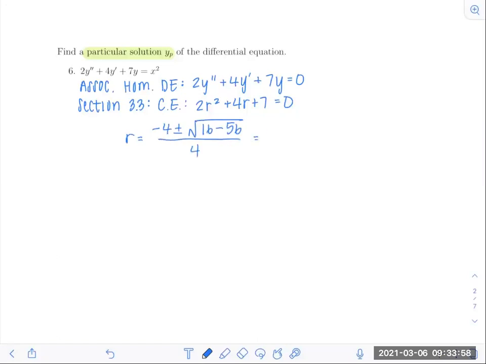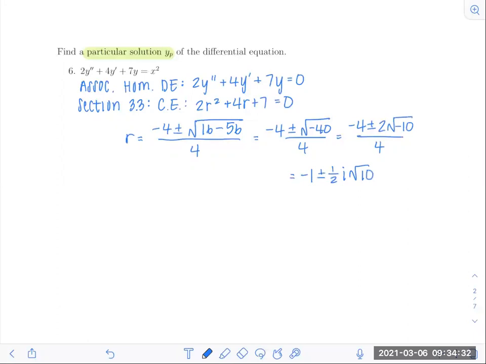Here what I'm getting is negative 4 plus or minus the square root of negative 40 over 4, which is negative 4 plus or minus, I can factor out a square root of 4, which is 2, square root of negative 10 over 4. From here, I can simplify this to negative 1 plus or minus 1/2 i square root of 10. So we have now identified that this characteristic equation has complex roots.